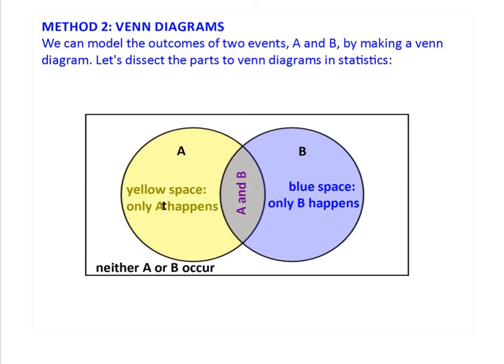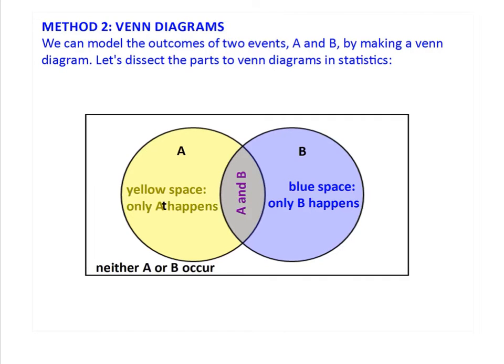So method 2 is making a Venn diagram. So we can model the outcome of two events, A and B, by making a Venn diagram. And you've made Venn diagrams before in maybe science or history or English, and we're going to make them in here too.